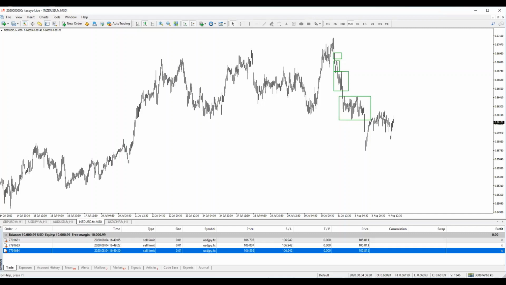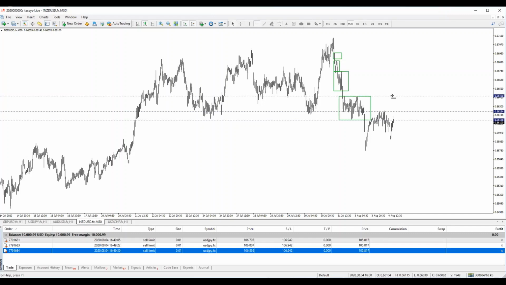So we see that price had already gone. Let's mark this. So here's the breakout level. Here's the decision point right here. And here's the origin of the flag.